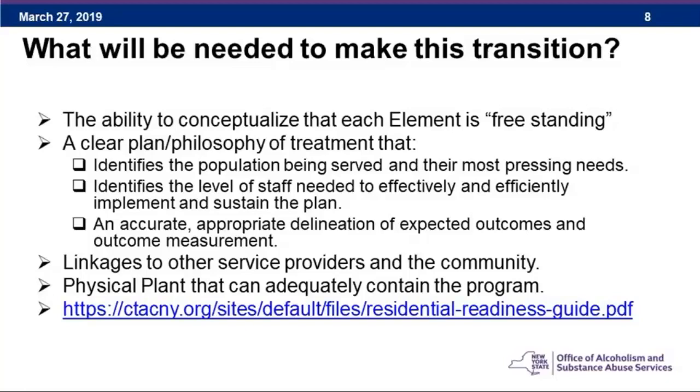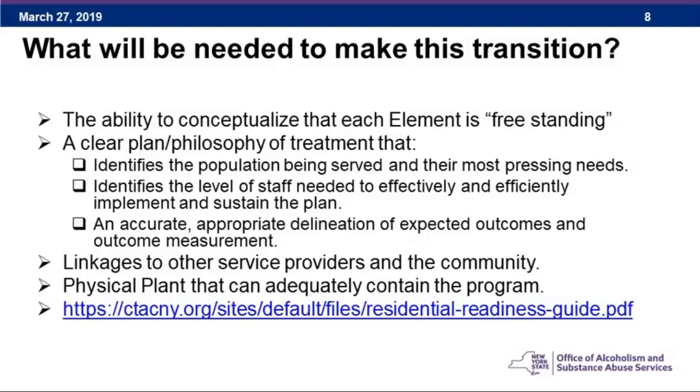For instance, in stabilization, an expected outcome would be a reduction of urges and cravings, a decrease of mental health symptoms, possibly a development of a housing plan. So we need to have an accurate, appropriate delineation of expected outcomes and outcome measures, as well as linkages to service providers in the community.